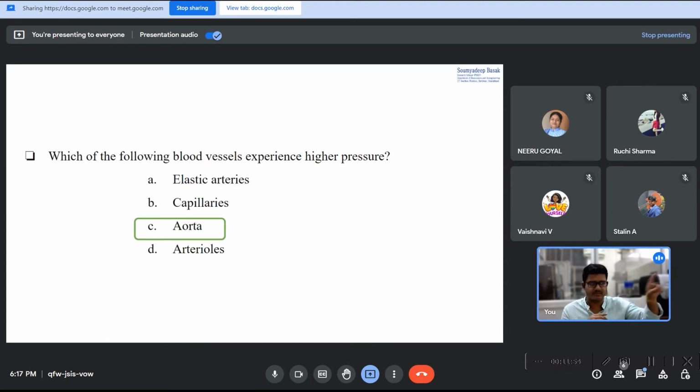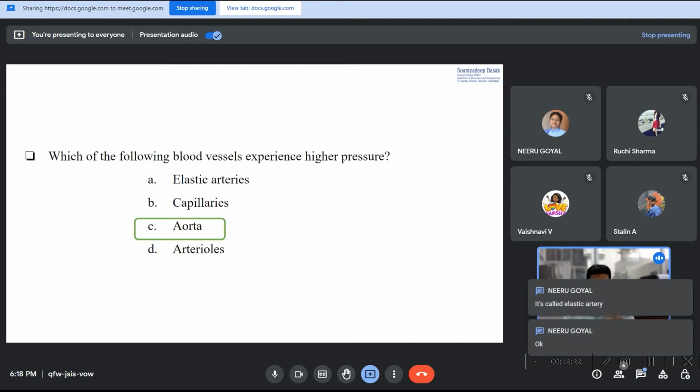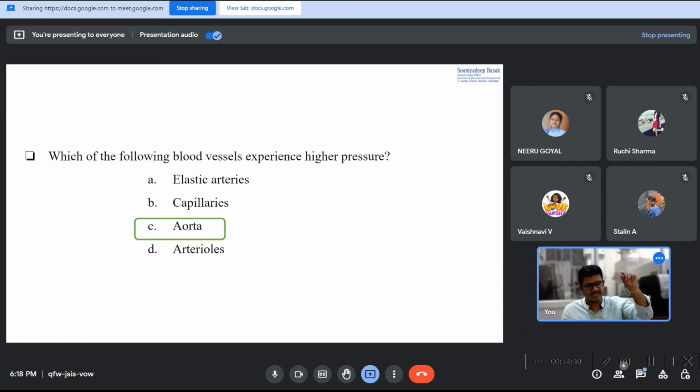The higher pressure is there, by percent, with the heart. Why using elastic arteries? Oh, okay, yeah, it is true. But when we're talking about elastic arteries directly, we are not talking about that elastic layer. When the question asks about elastic arteries, it is just mentioning the kind of arteries.